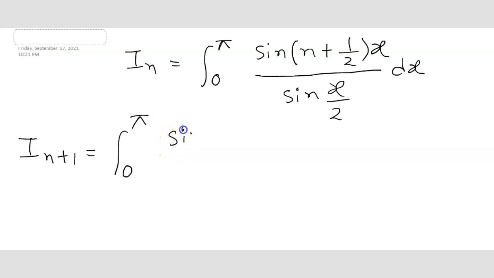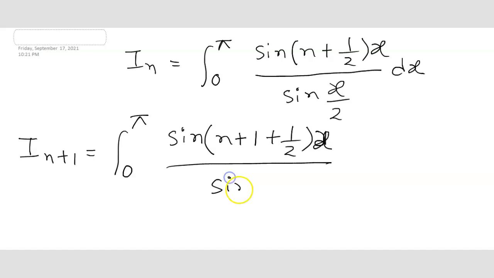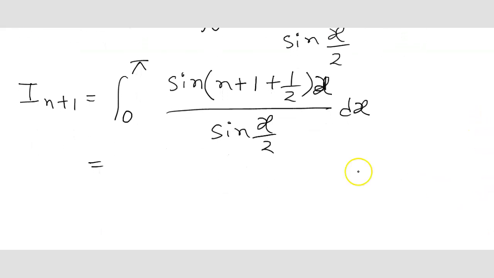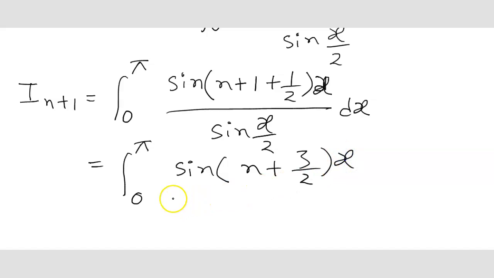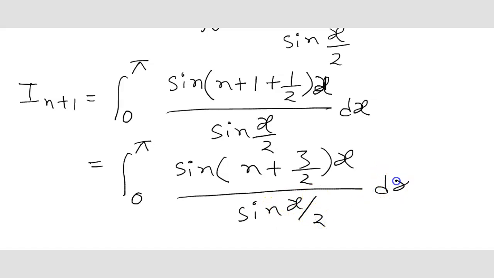So if we replace n by n + 1, it will simply look like this: the integral of sin((n + 1 + 1/2)x) divided by sin(x/2) dx. If we simplify, n + 1 + 1/2 will be n + 3/2, and it is sin((n + 3/2)x) divided by sin(x/2) dx.